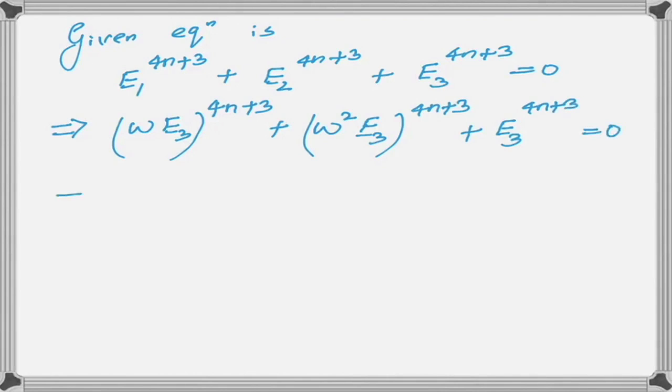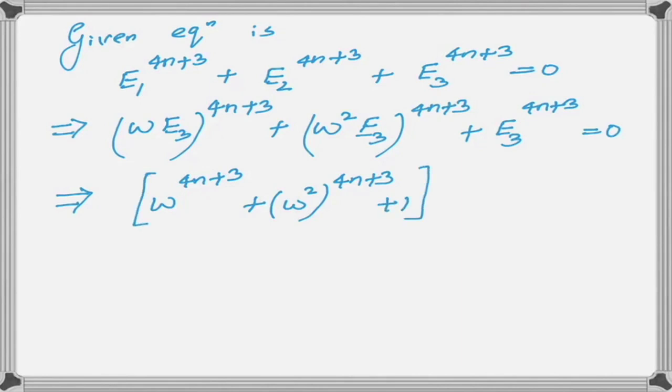This in turn gives that (omega to the power 4n plus 3 plus omega square to the power 4n plus 3 plus 1) times E3 to the power 4n plus 3 is equal to 0. Note that E3 is not equal to 0.